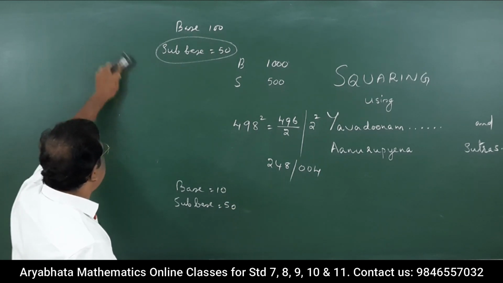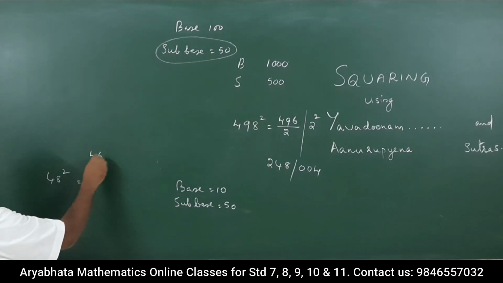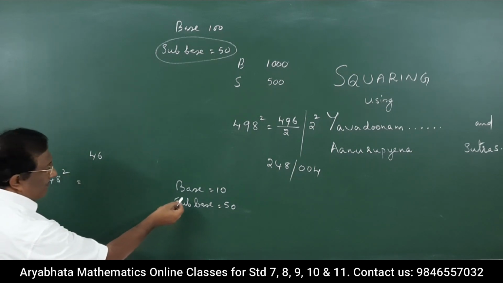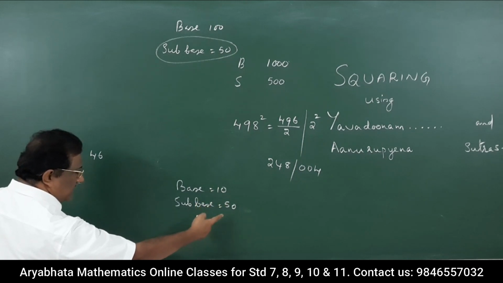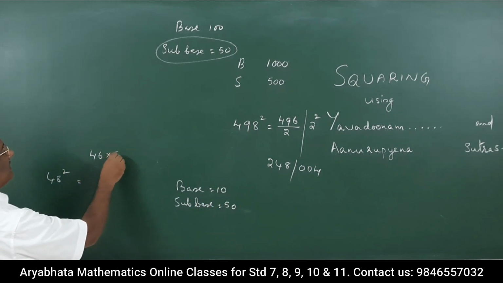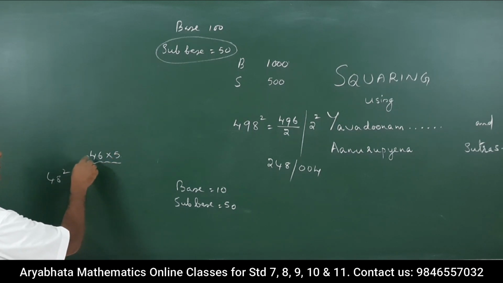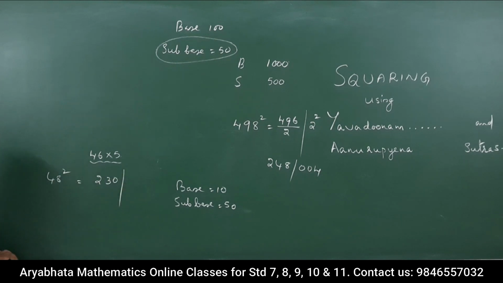See, 48 is 2 less than 50. Subtracting 2, I get 46. But my base number is 10 and the sub base is 5 times the base number. What should I do? I have to multiply that 46 by 5. 46 into 5 is 230. That is the first part.